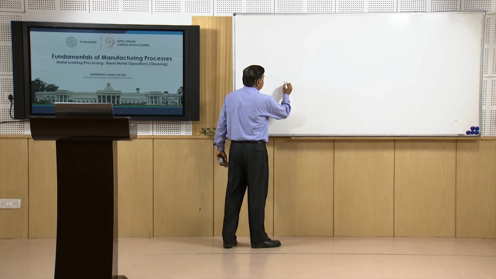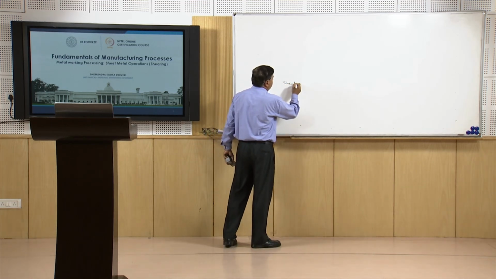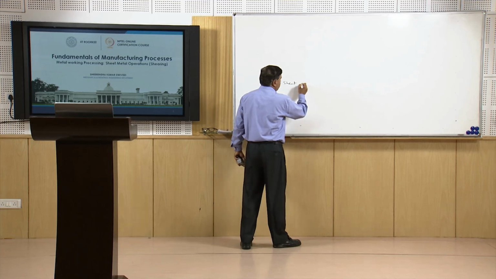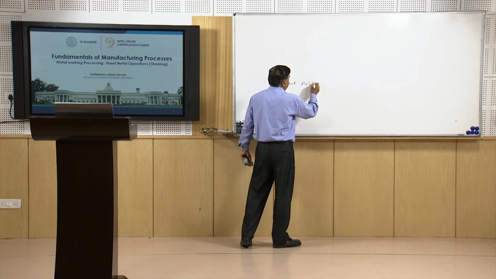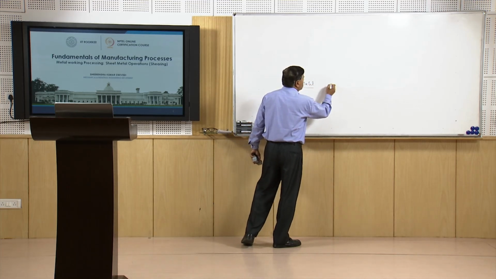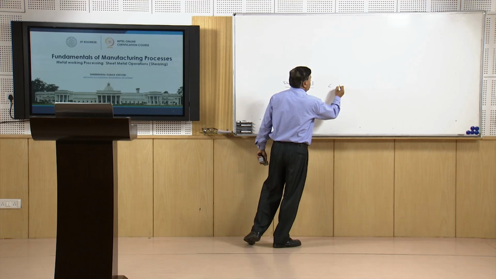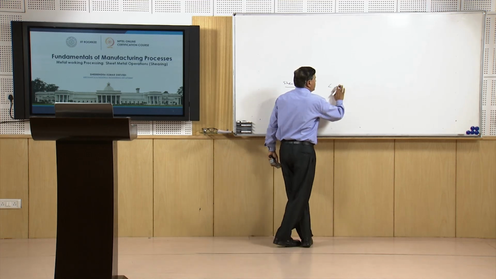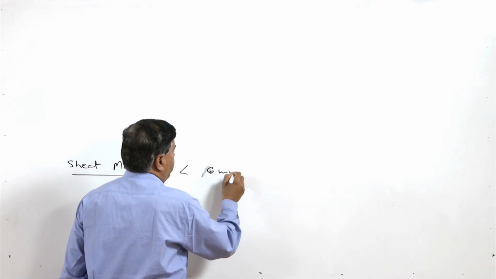But in the case of sheet metal, instead of bulk material, sheet metals are used, which generally have a thickness of less than 6 mm.